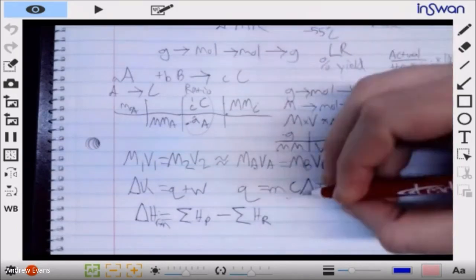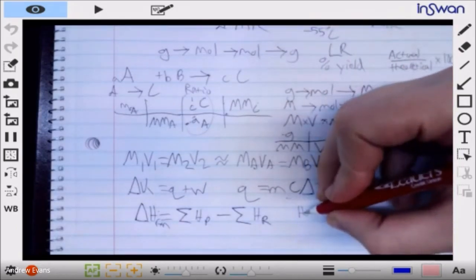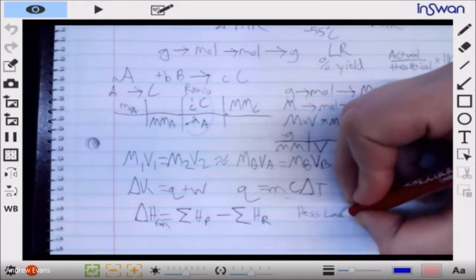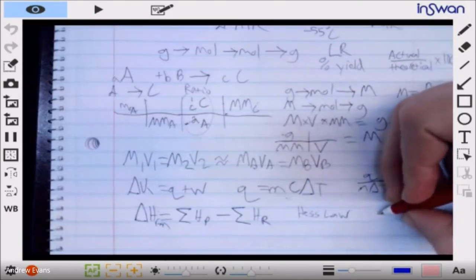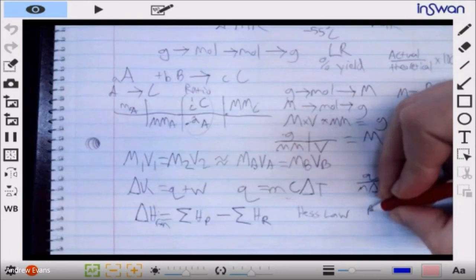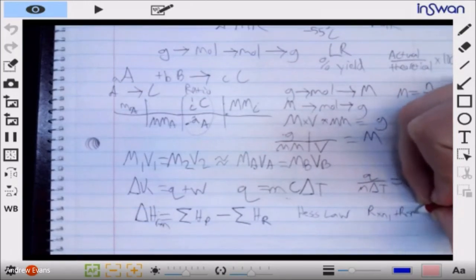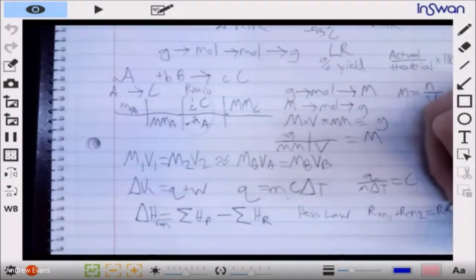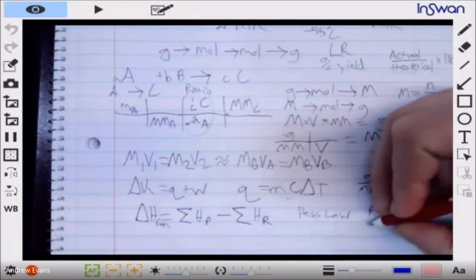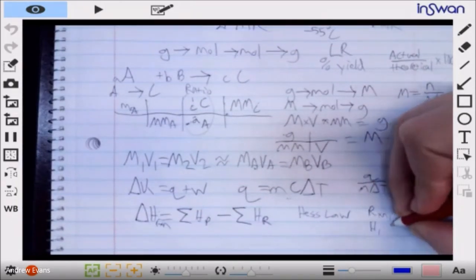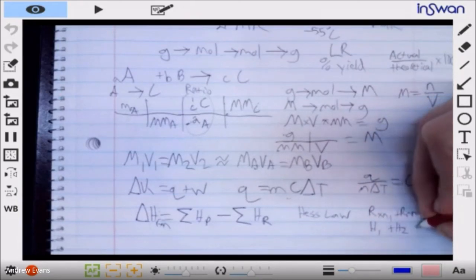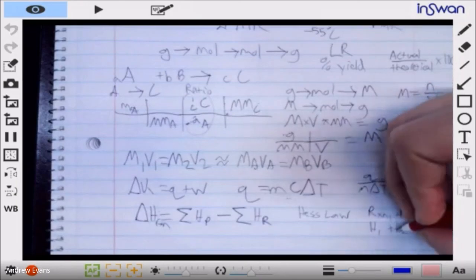And we also finally had Hess's law. Hess's law just says if reaction 1 plus reaction 2 equals reaction 3, then ΔH1 plus ΔH2 would be equal to ΔH3.